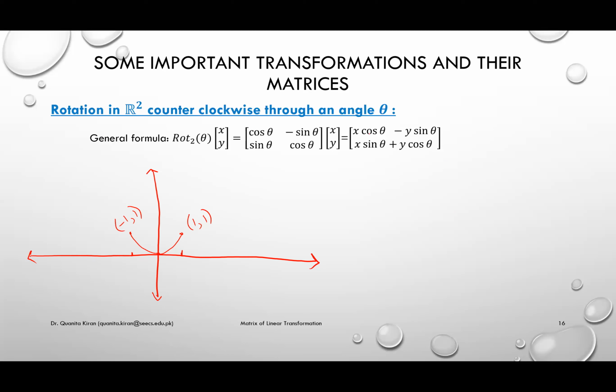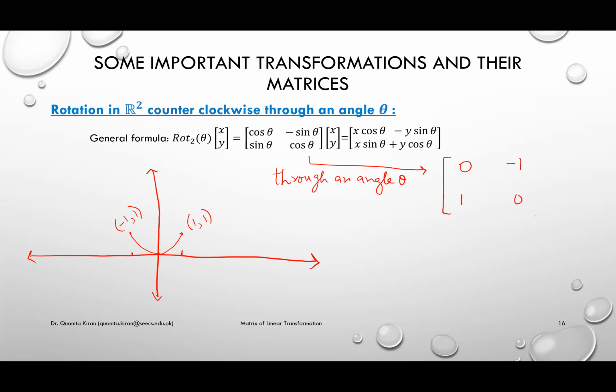When we rotate this parabola through an angle of theta, then the matrix of transformation becomes cos theta is 0, sin theta is 1, so the matrix is (0, minus 1; 1, 0).